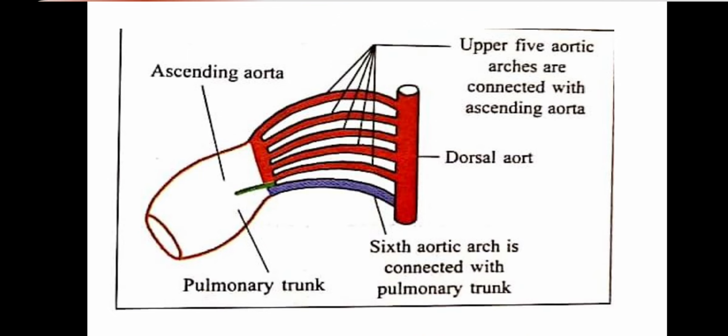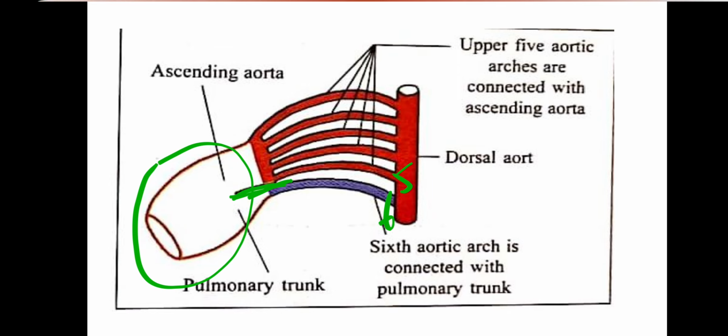So, one another picture showing the arterial end of the heart tube, the truncus arteriosus, getting divided by a spiral septum right between the 5th and the 6th arterial arch.